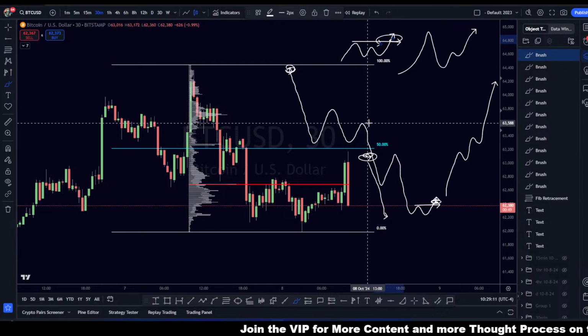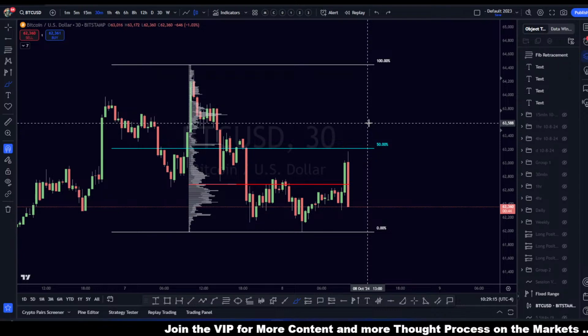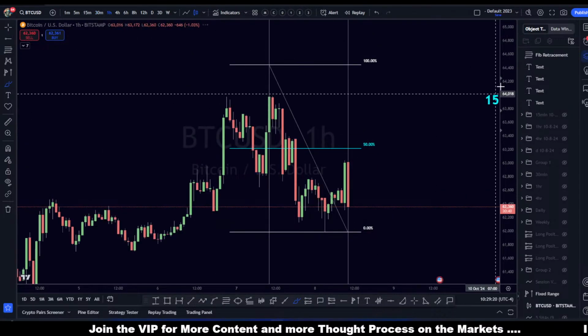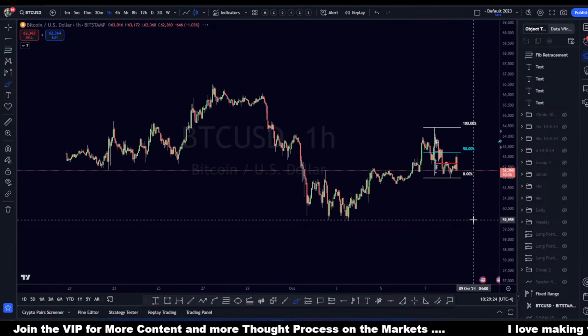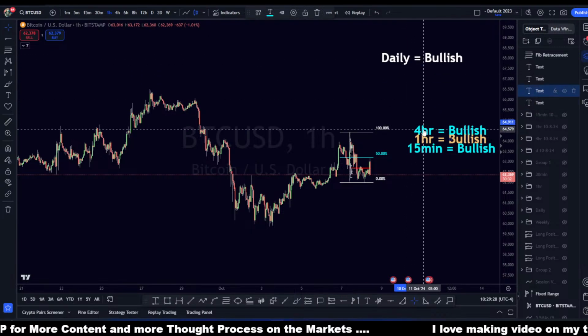All right, moving on. So, what do we think Bitcoin's going to do? Let's see here. I need to see the larger time frame. In the larger time frame, everything looked bullish in reference to all of our structure stuff.